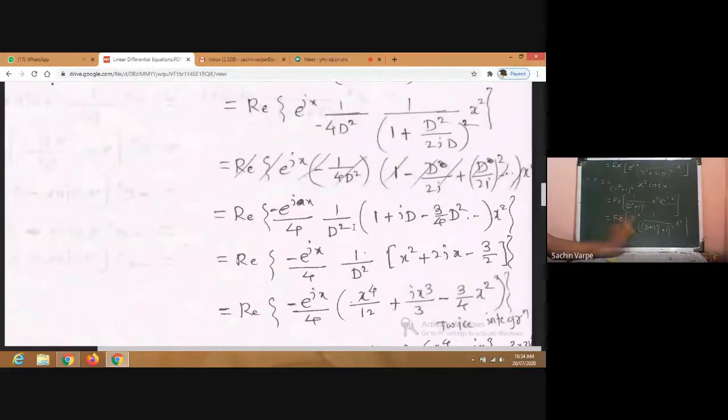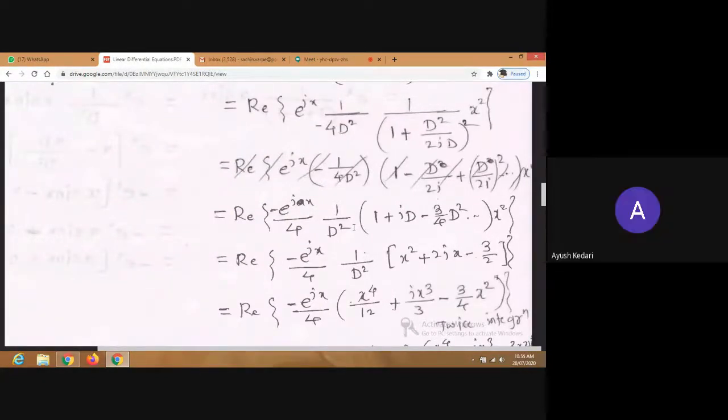No, not 1 actually. See, e raised to ax into v. So what is the coefficient of x here? If you compare this and this, what is the coefficient of x? i, no? Yes, so that is why I'm replacing D plus i.